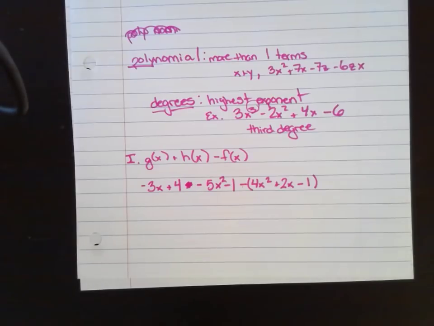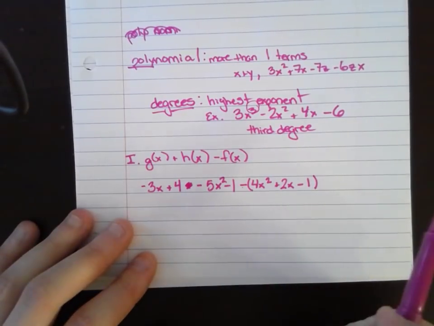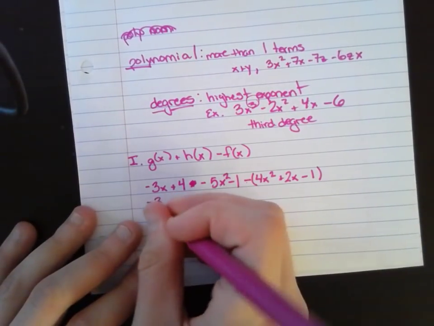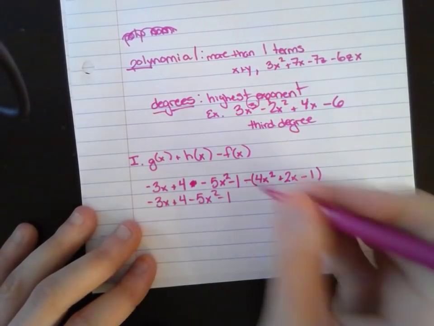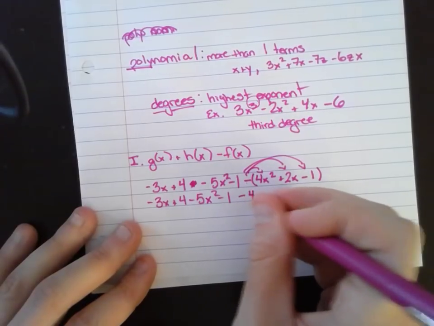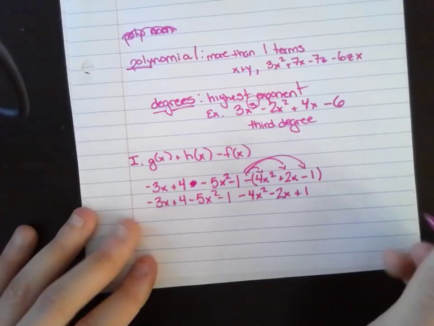When you have subtraction, you have to pay attention to the parentheses, because you're not just subtracting the first term, you're subtracting all of it. Okay? So, I have negative 3x plus 4 minus 5x squared minus 1. I'm going to distribute this negative sign through. I'm going to get negative 4x squared minus 2x plus 1.